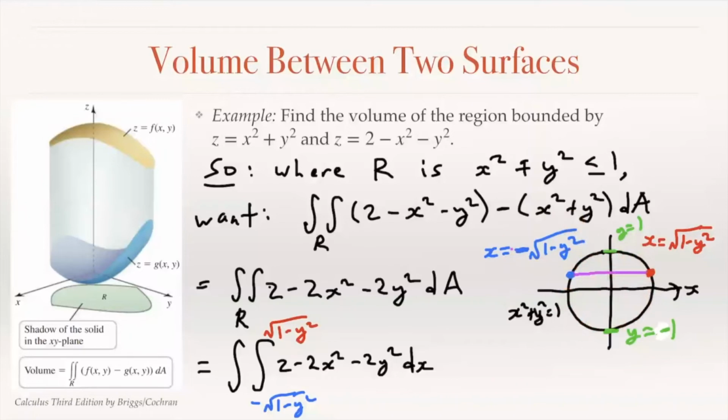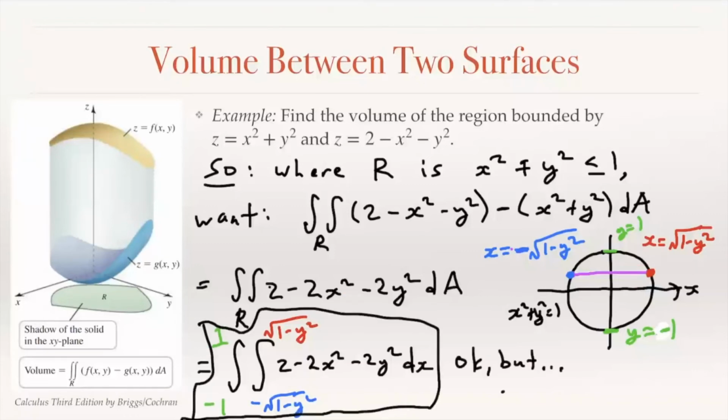That point comes from solving for x in x squared plus y squared equals 1, up to x equals positive square root 1 minus y squared, which is the other solution to this. So we have an area slice above this line between these two paraboloids, and then we add all of those together between y equals negative 1 up to y equals 1. So this is what our integral looks like.